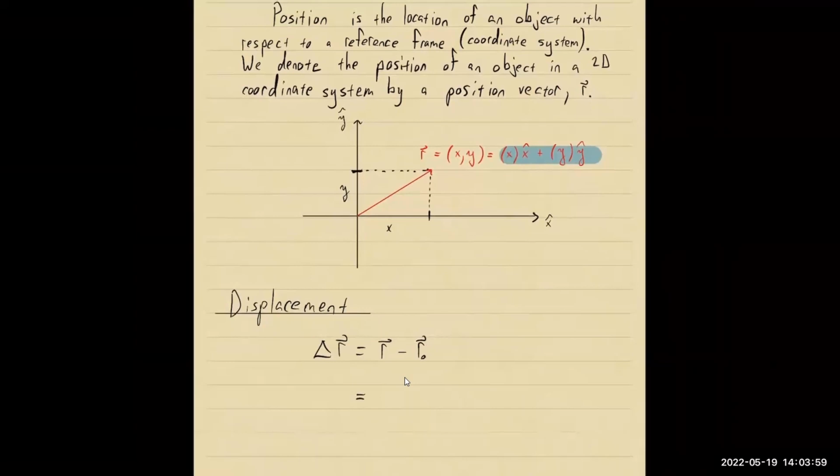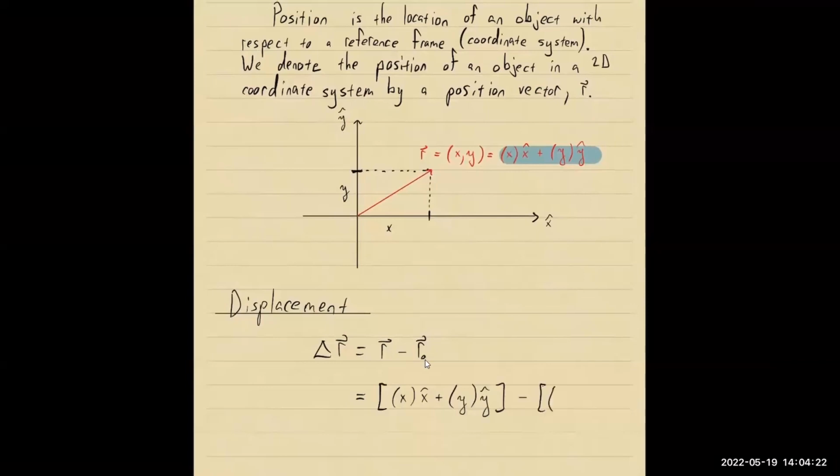So this first vector r, our final position, has components x in the x direction plus y in the y direction, right? Whatever those are. We have minus our initial position vector, r naught.